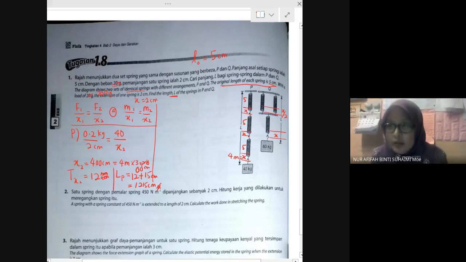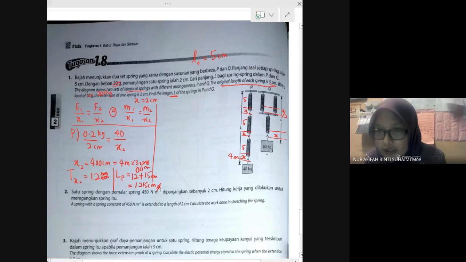Okay, now we look at Q. Then dia punya load are different. If Q use the same load as 40 kilogram, we can use on this one the value 4 meter or 400 centimeter. Okay, kalau dia guna 40 kilogram juga, kita boleh guna extension untuk 4 meter.